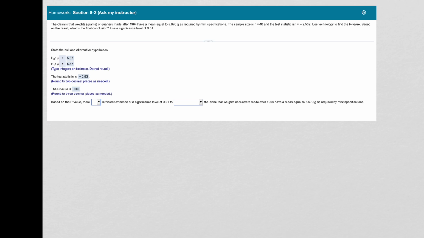So let's think back to what we had for our null and alternative hypotheses, and remember that the null is the claim. Whenever the null is the claim, we're going to use the word reject in our conclusion.